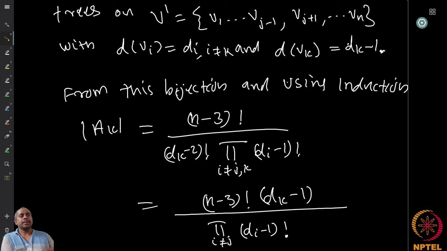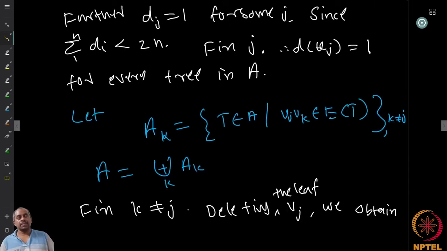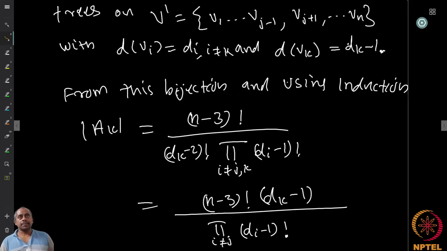And if you have any tree here with this degree sequence, we can also add a leaf, make it adjacent to one of the vertices, and then we will get a tree in A. So it must be present in one of the A_k. Therefore, there is a one-to-one correspondence, so the cardinality of A_k is precisely the cardinality of the trees that we obtain this way.